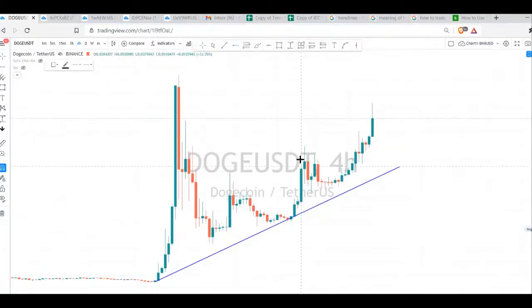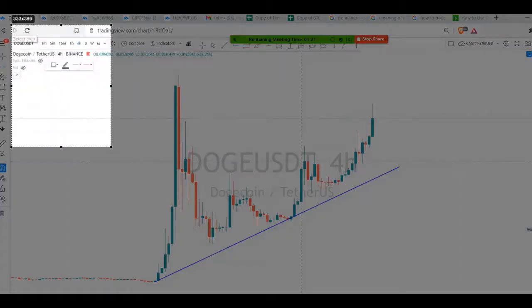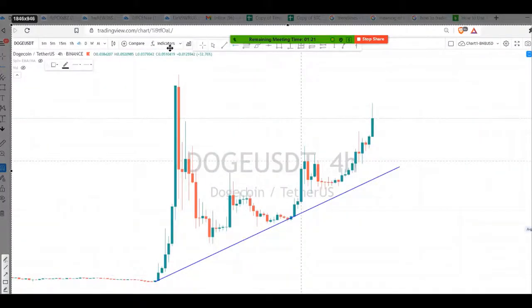Upward trend, upward trend, upward trend. But at this point, I will draw my resistance line here, because when price got to this level, it came down. So I draw my resistance line here.